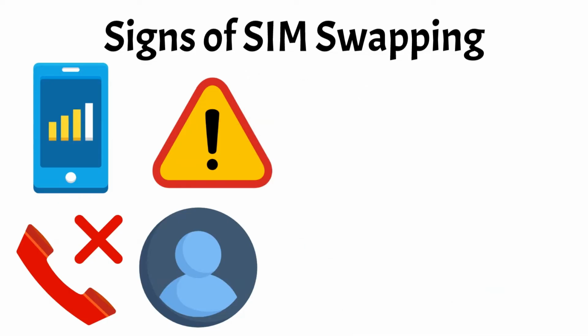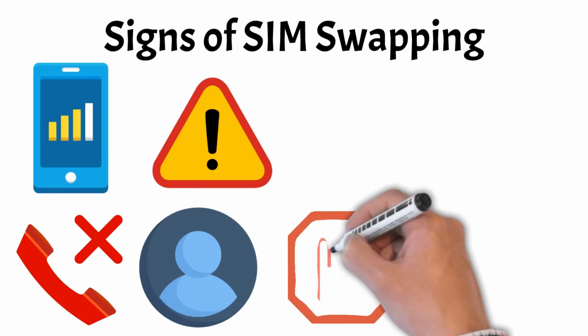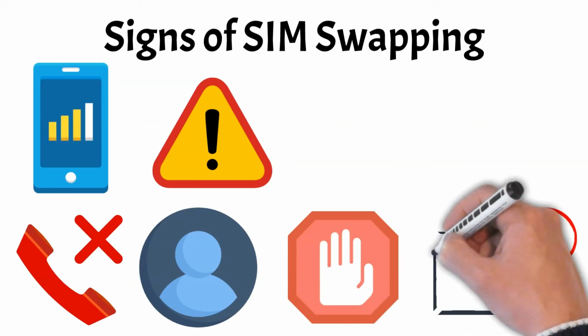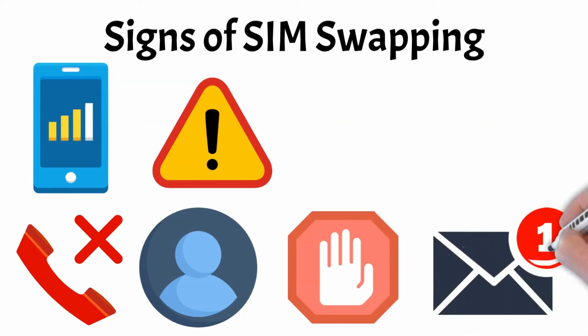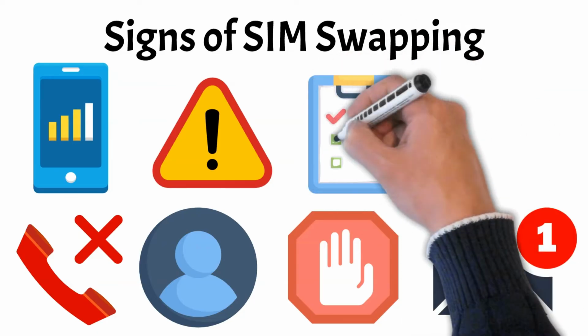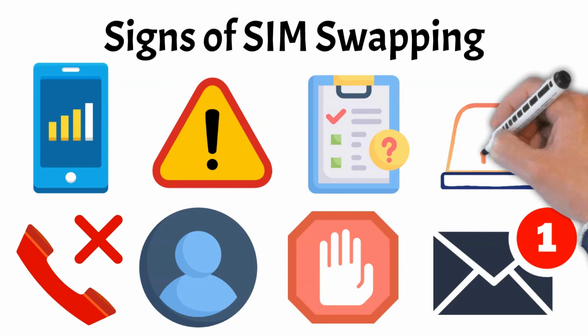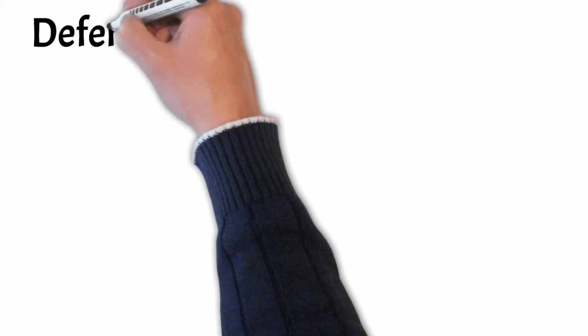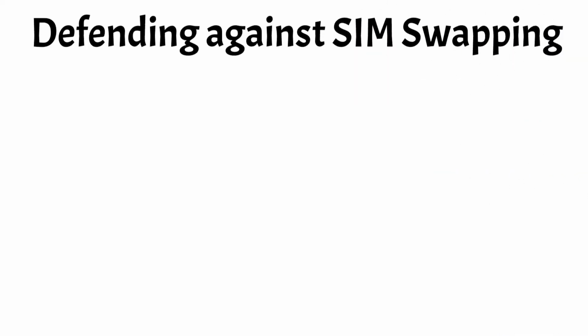Additionally, you may stop receiving texts and calls, especially for two-factor authentication codes, and instead receive notifications of password resets or verification requests for accounts you haven't accessed. If you experience any of these signs, it's important to act quickly to secure your accounts and contact your mobile carrier.